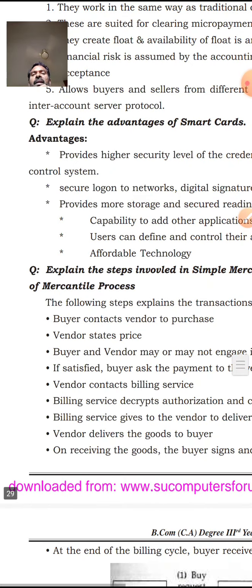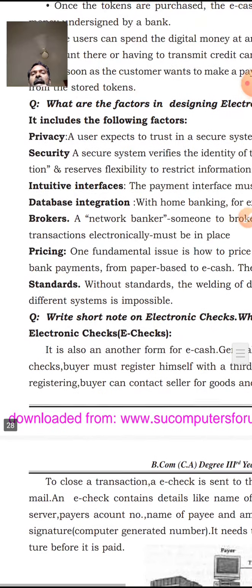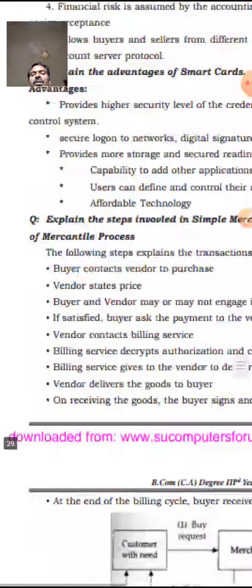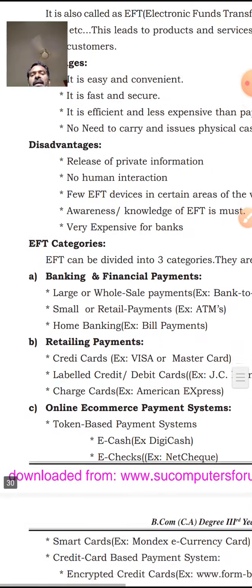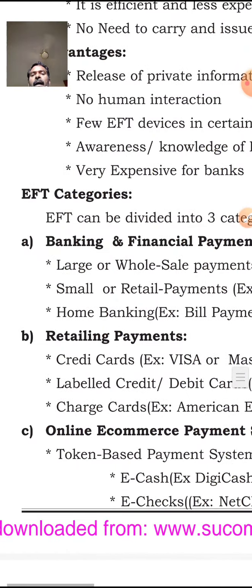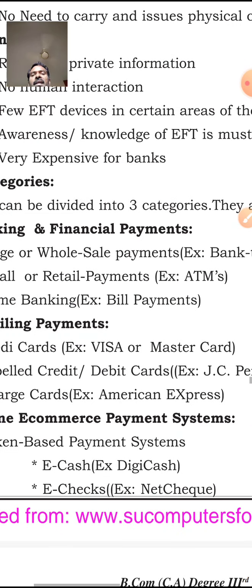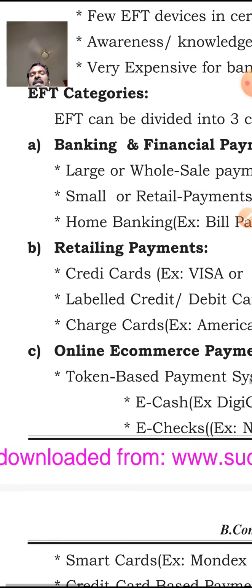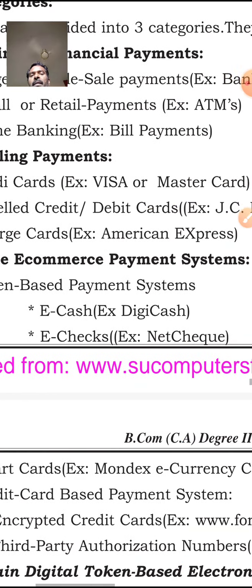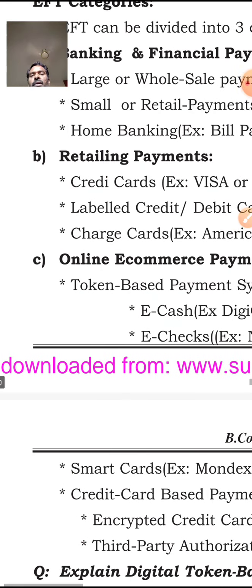Number one, the banking sector, where EFT applications are used. The banking sector is one example of financial payment systems. The second one is retailing payment. The third one is online e-commerce payment systems. Nowadays we are also using these EFT applications.